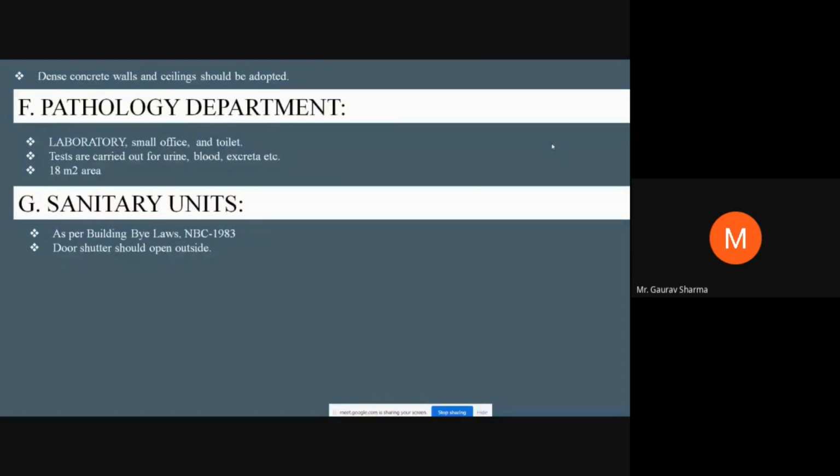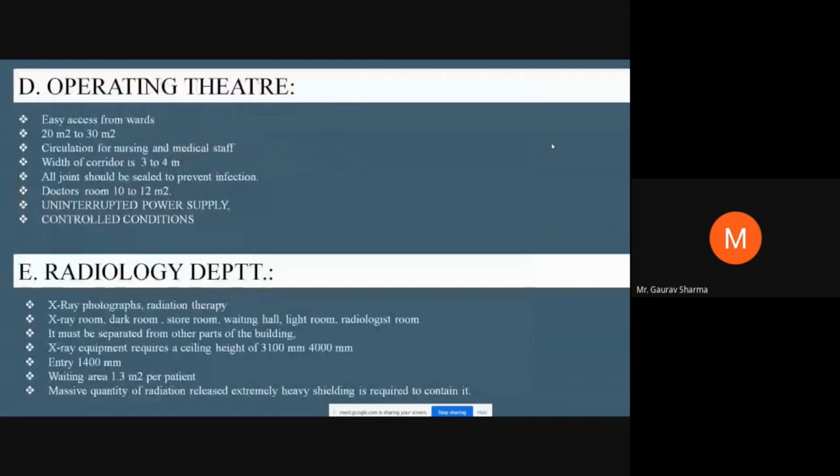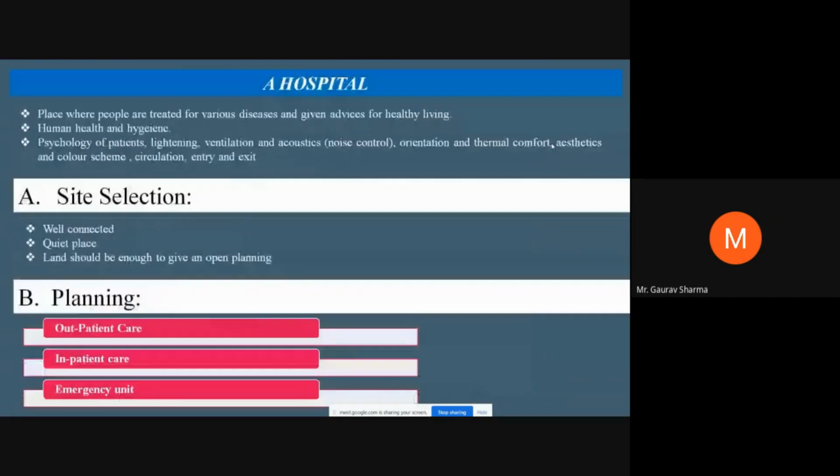So proper care can be given to them by the staff on the outside of such facilities. That is a very basic thing, so we should care about these things while designing a hospital building. Okay, so these are all the different facilities and the specifications related to them.